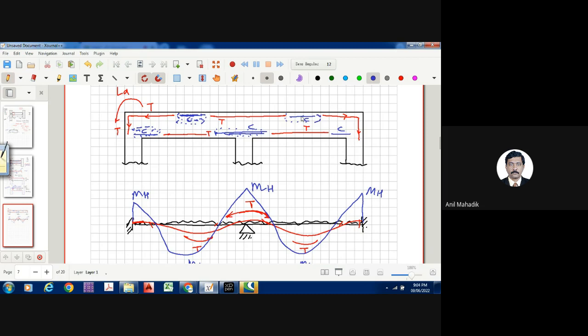Right? Yes. Okay. Yes, this is a continuous beam. Yes, sir. So next time we will start with how to calculate the reaction of beams and how to draw the bending moment diagrams and so on.